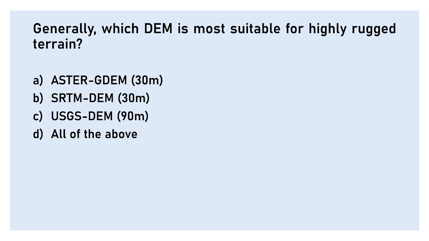Okay, I had not seen Rahul's message earlier and I don't think he's here. Maybe in the next class I can tell about this. Okay, so the answer to this question is ASTER GDEM, 30-meter resolution. That is mostly used in order to get an idea, like a DEM image, for a highly rugged terrain.